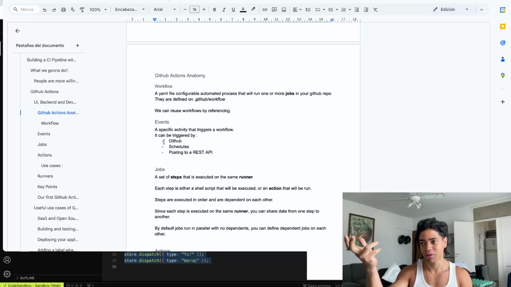So for example, pull a repo for your server or into your runner, and this runner is the virtual machine that GitHub provides to you per job, and it can be Ubuntu, a Mac, or Windows. This is something useful, especially if you want to build your mobile applications.